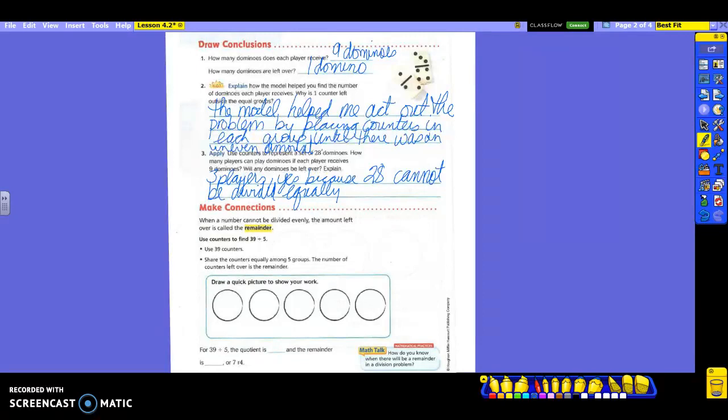We could add to that there would be 1 domino left over, but I think we've gotten that out of everything we've already done. So you have 3 players that will receive 9 dominoes, and there will be 1 domino that nobody will get because it is not even.